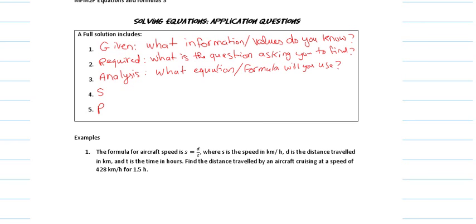After you write the given information, the required information, and the formula, you're going to solve, right? So this is where you're going to do the math. So you're going to substitute the known values into the equation.